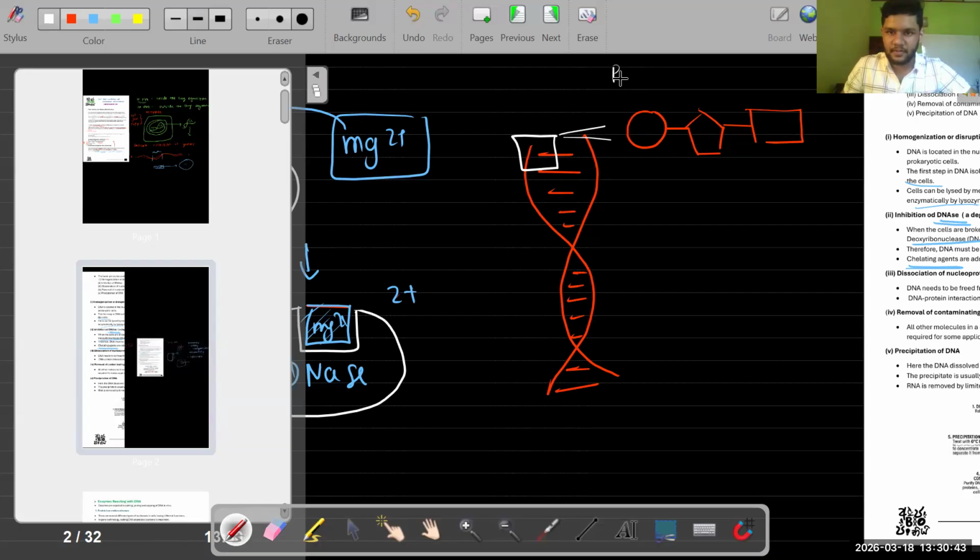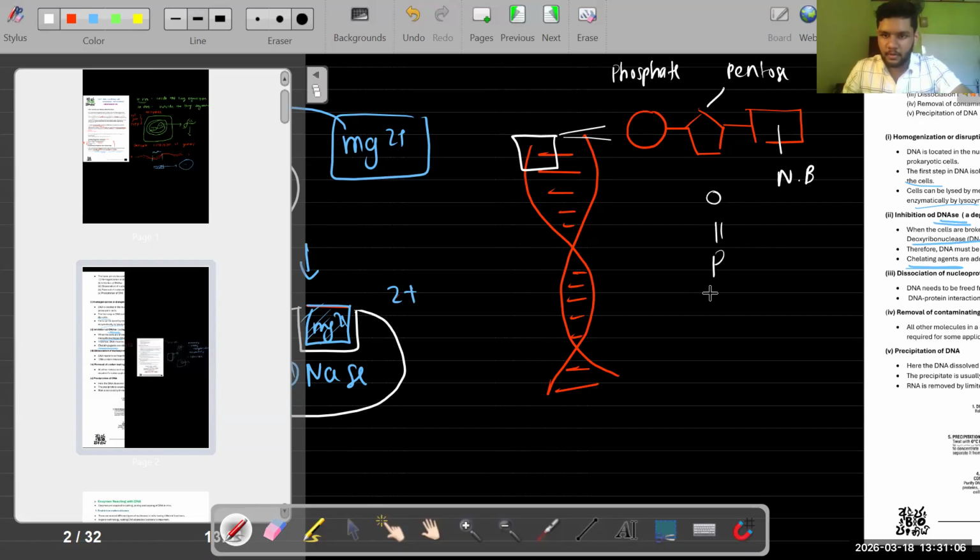What is this? This is a phosphate group. What is this? A pentose sugar. If it is DNA, what is the type of sugar? Deoxyribose. Now, this can be a nitrogenous base: adenine, guanine, cytosine, thymine, anything. Now, phosphate, this is the problem. How does phosphate look?